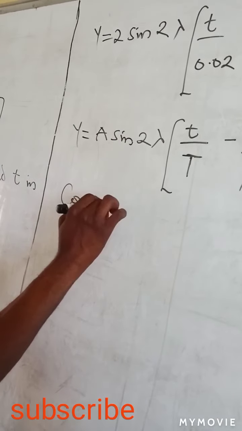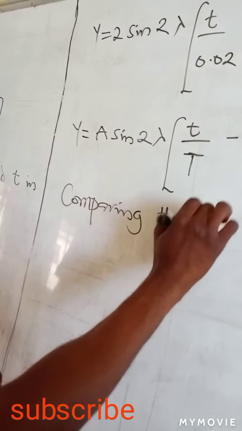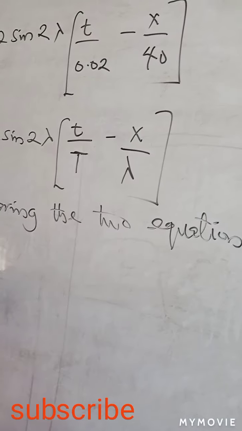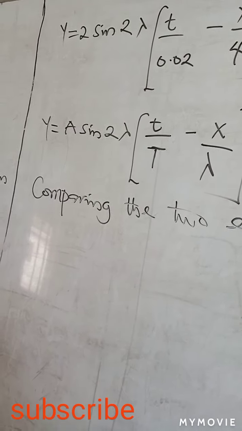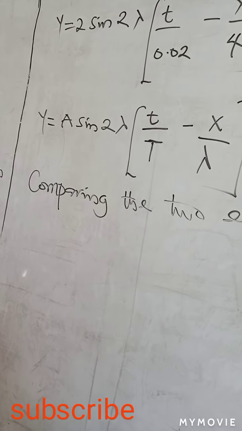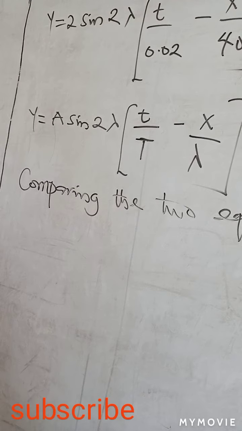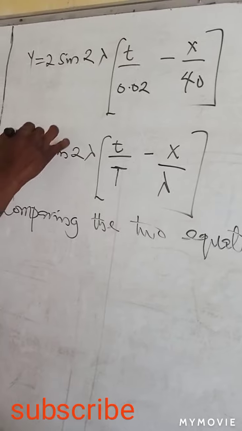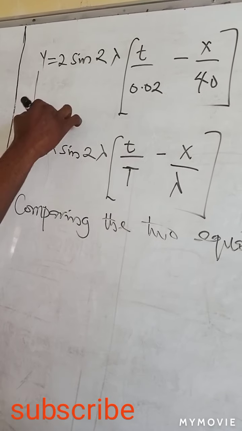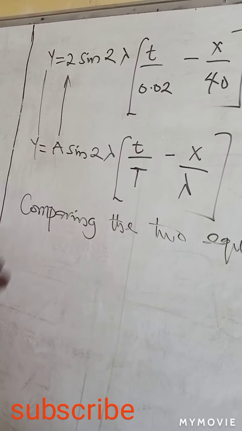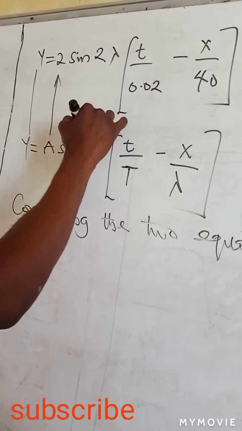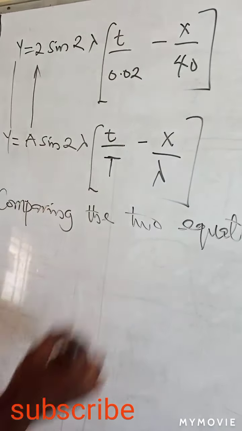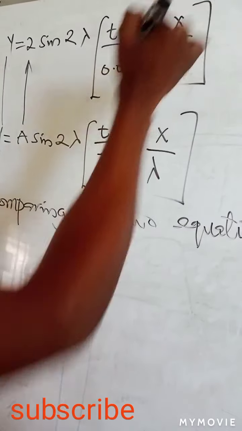Comparing the two equations here, you can see y is y, a is 2, sine is sine, 2 is 2 there, wavelength is wavelength, T here is 0.02, wavelength here is 40.